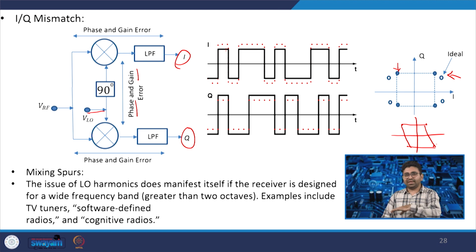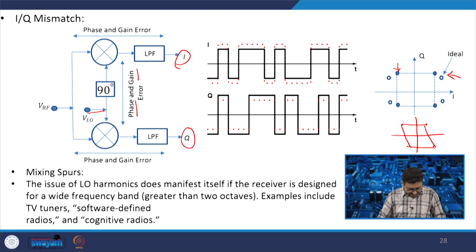Due to the phase error it will be more angular, and when we see the down converted signal or baseband data, you will see a significant difference in your constellation diagram if there is sufficient IQ mismatch. So, we need to avoid the IQ mismatch as much as we can.